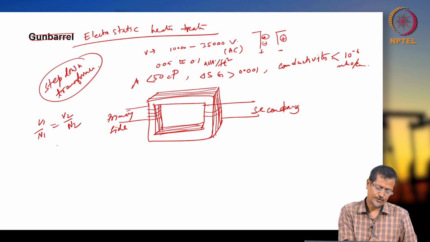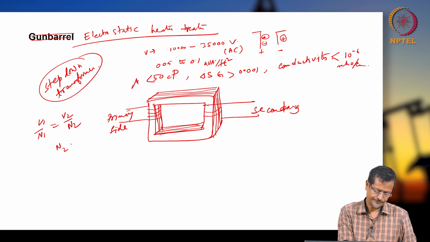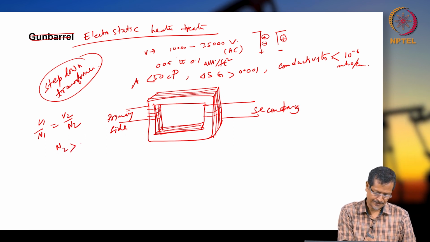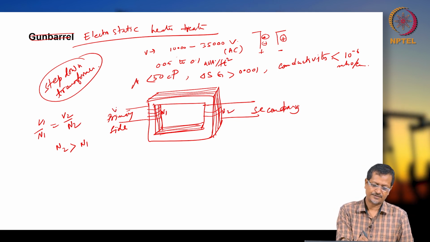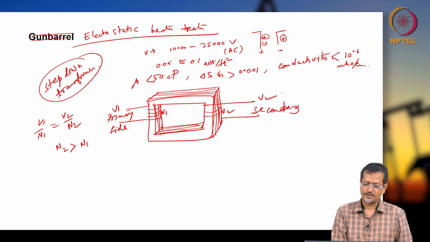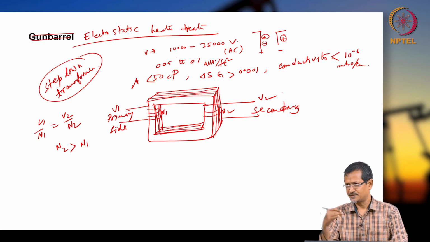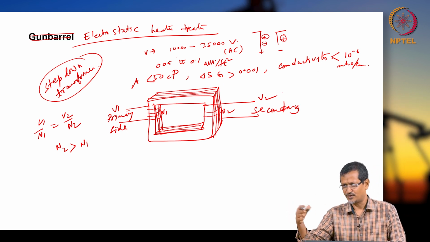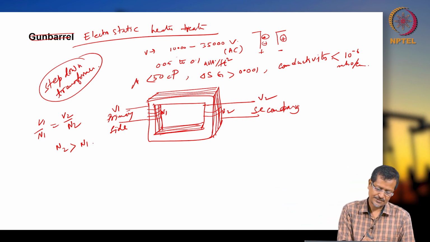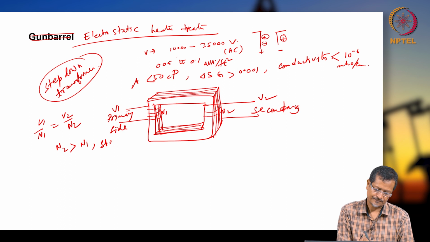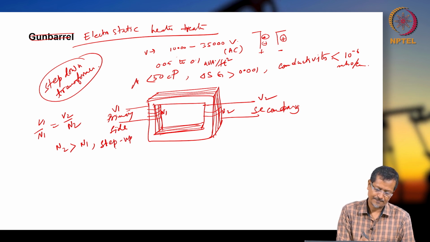If N2 is greater than N1, where this is N2, this is N1, this is V1, this is V2, that means the number of turns is more in the secondary, so you are stepping up and the voltage will increase. It is a step up transformer.